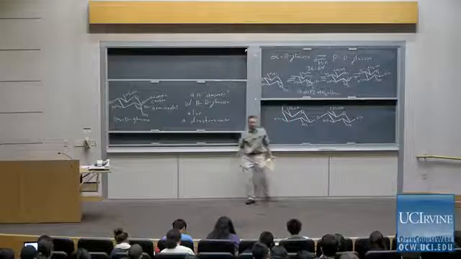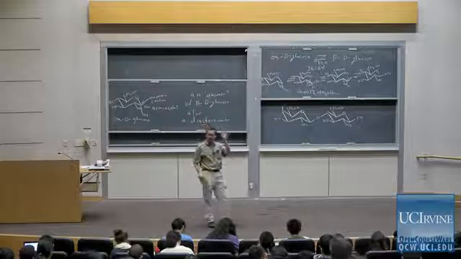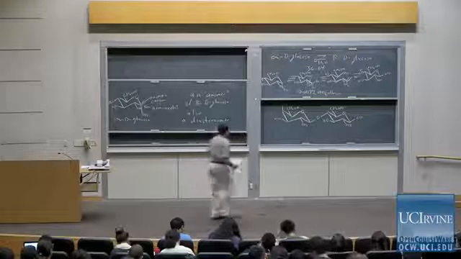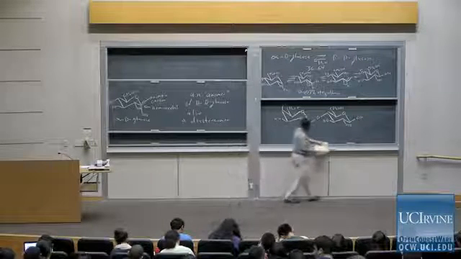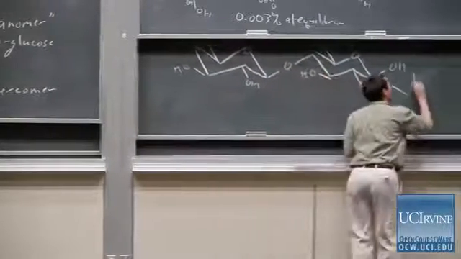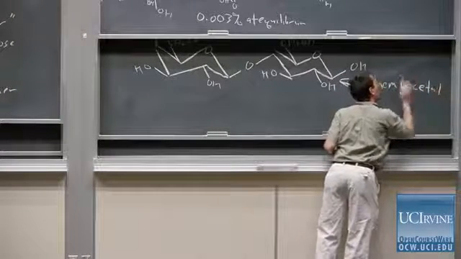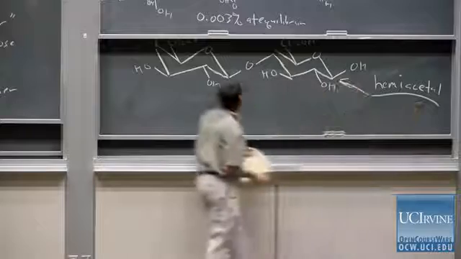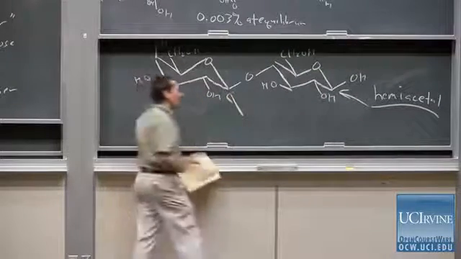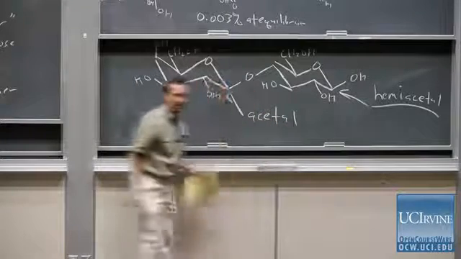All right. In our lactose structure, there are two types of anomeric carbons, two types of carbons at the one position. There's this carbon, which has a hemiacetal, and then there's this carbon here, which has an acetal. Remember, a hemiacetal has a hydroxy group on it.